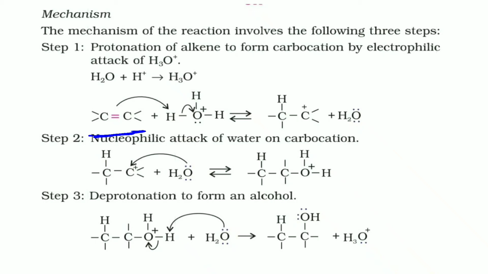First of all, on the hydronium ion you can see the oxygen carrying the positive charge and having a lone pair of electrons. To neutralize this effect, the electrons present in the bond between hydrogen and oxygen will completely shift toward oxygen and form H plus ion, right?